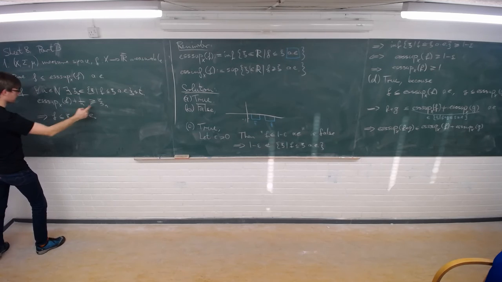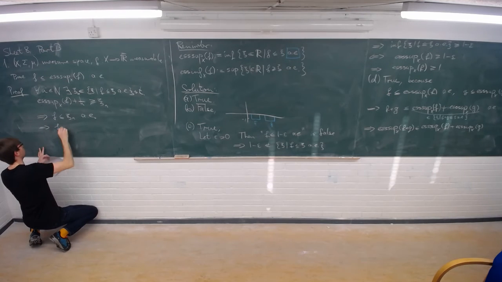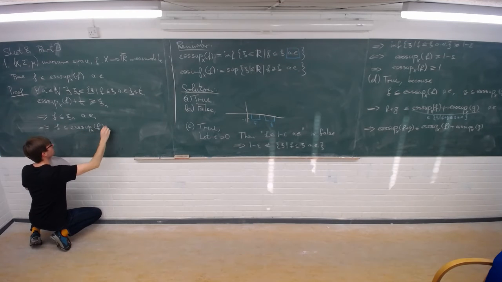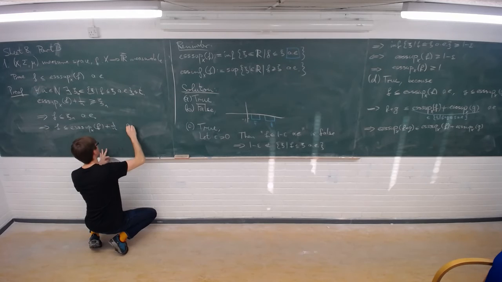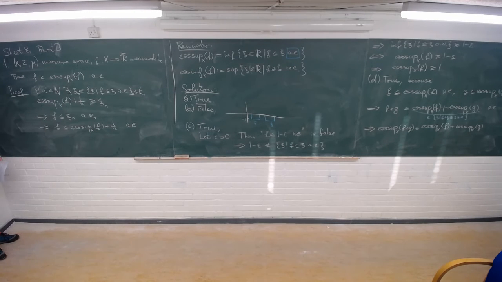But now xi n is less than this. So f is less than ess sup of f plus 1 over n almost everywhere. Okay, but now we can just let n go to infinity.